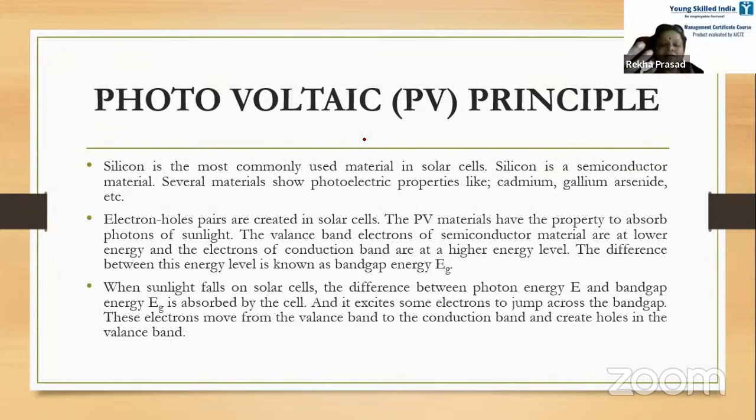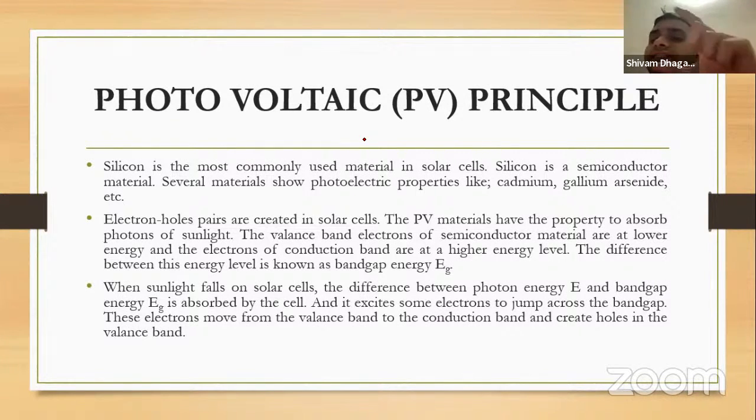Explain this in simple language. Ma'am, basically, it is the difference in the energy level, and the electrons being absorbed and transferred.